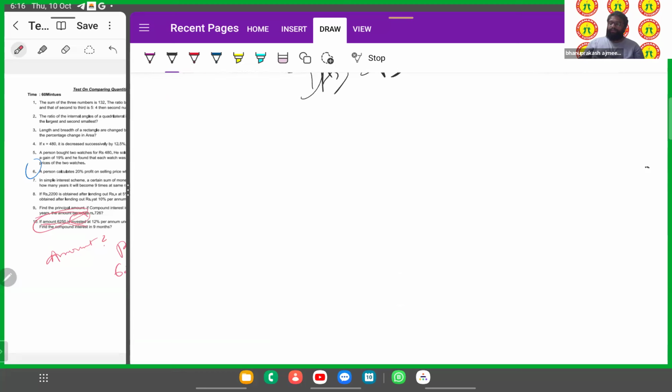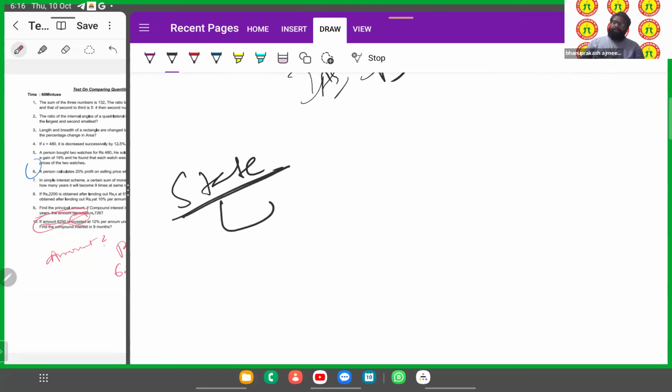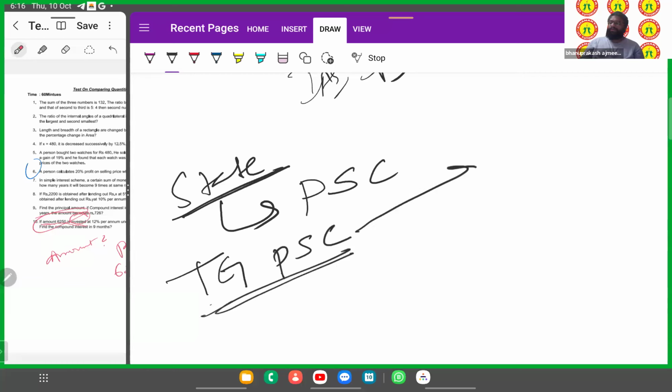Next, coming to state examinations, the state has a separate recruitment board called the state PSC. Our state is Telangana, so we denote it as TG, and we call it TGPSC. This is called Group 1.